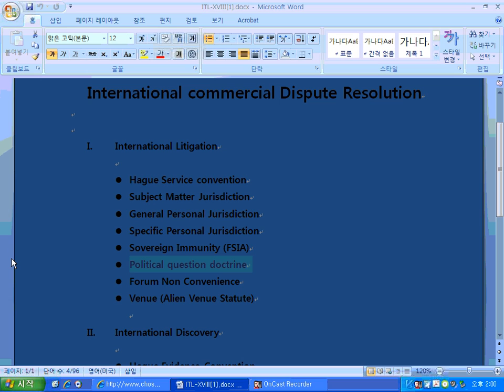What is the rule of reciprocity? The national authority often negates the enforcement of a foreign judgment if the counterpart would have declined to endorse the judgment of Korea, for example.